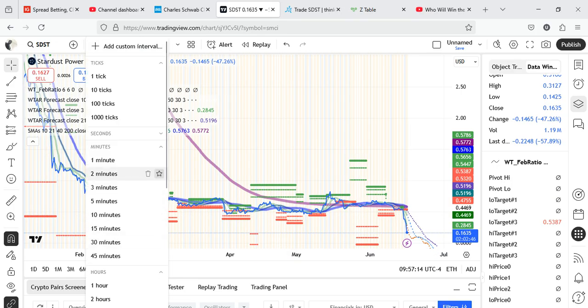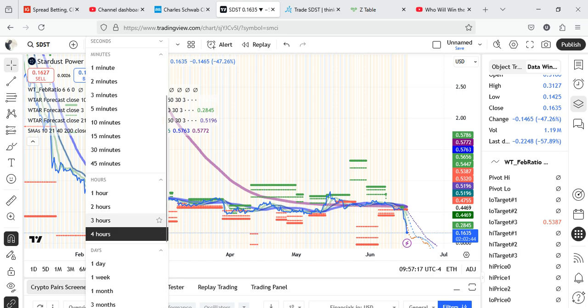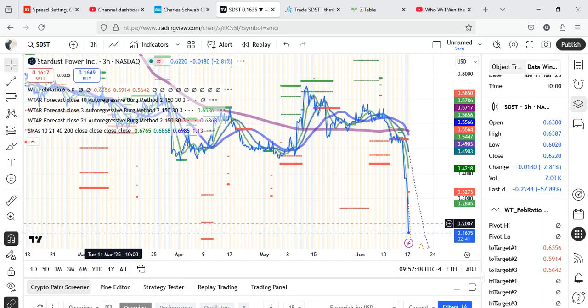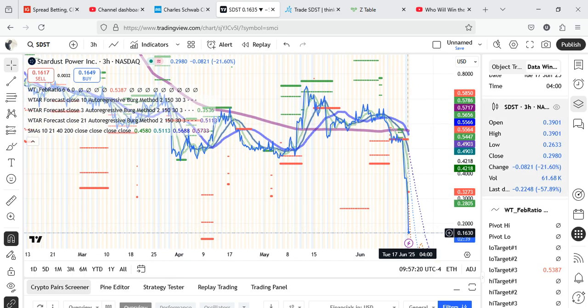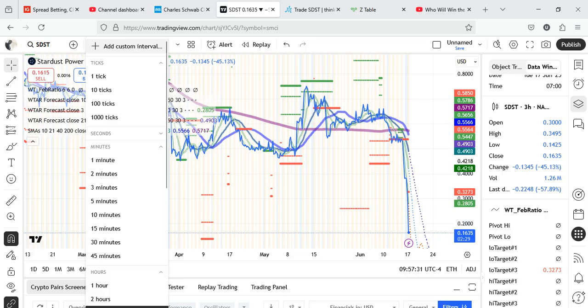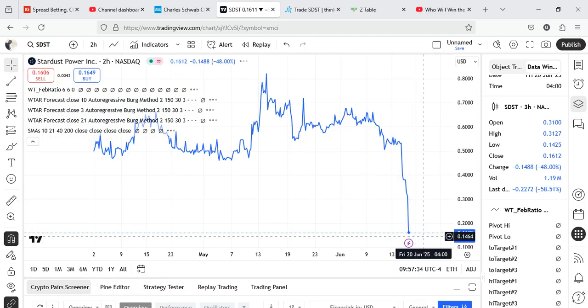Okay, let's see what we have on the 3 hour chart. Lower prices as well, still being extrapolated. We have 0.3273 on this 3 hour chart, upper projection. 2 hour chart, let's see what we have.